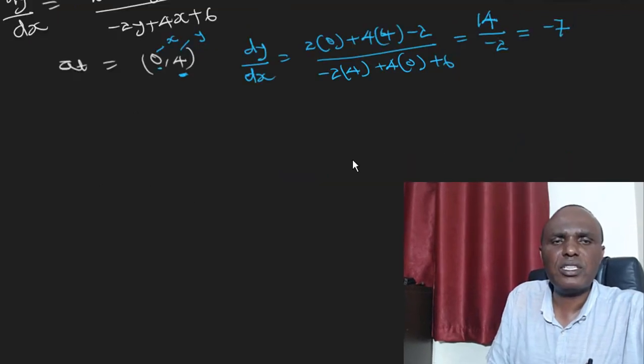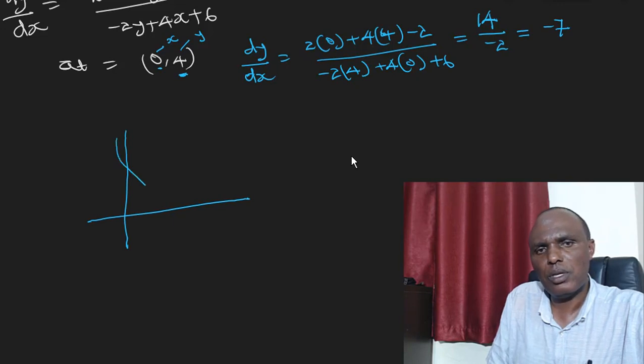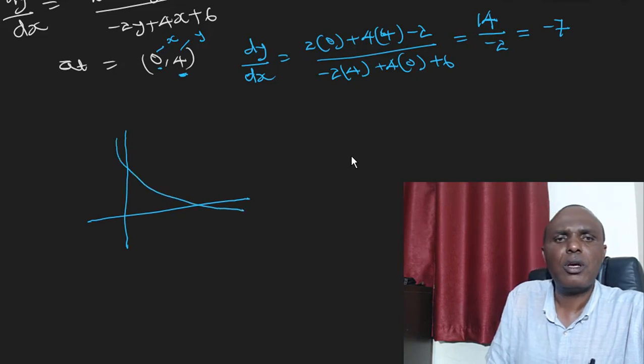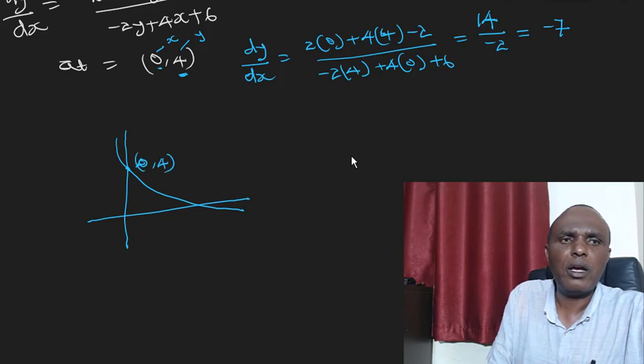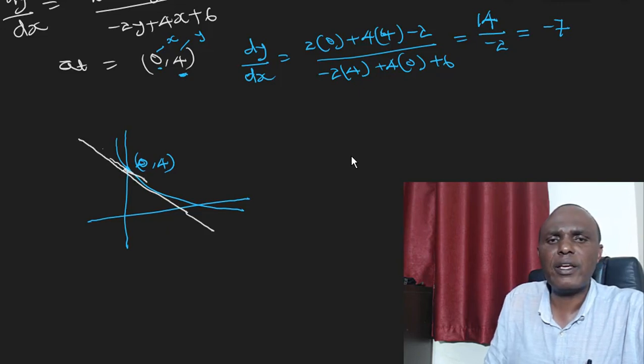The curve in general is looking like this, generally. This is the point (0, 4), and we are required to get the equation of a tangent that is passing through this point. The equation of any straight line is in the form y is equal to mx plus c.